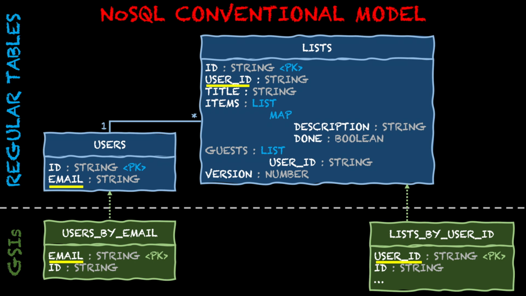Let's now look at the problems that are inherent to a model like this. First, while nesting the item data within the list is efficient both from a storage and latency perspective, it's not ideal for a high concurrency scenario in which multiple users can be collaborating on the items on the same list.